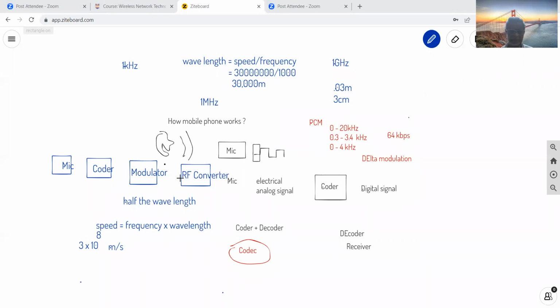The RF converter will increase the frequency to a very high frequency signal.